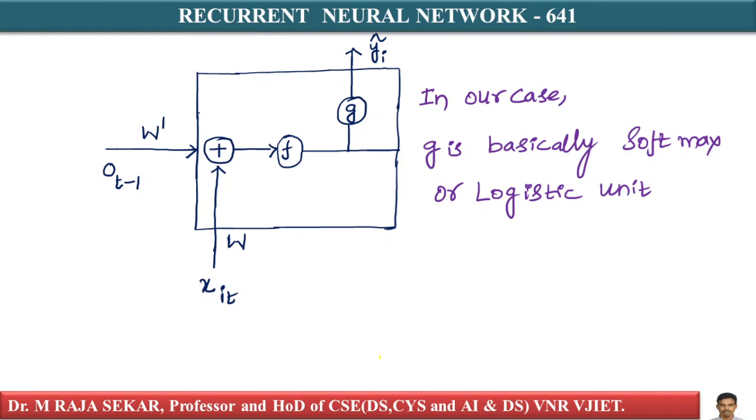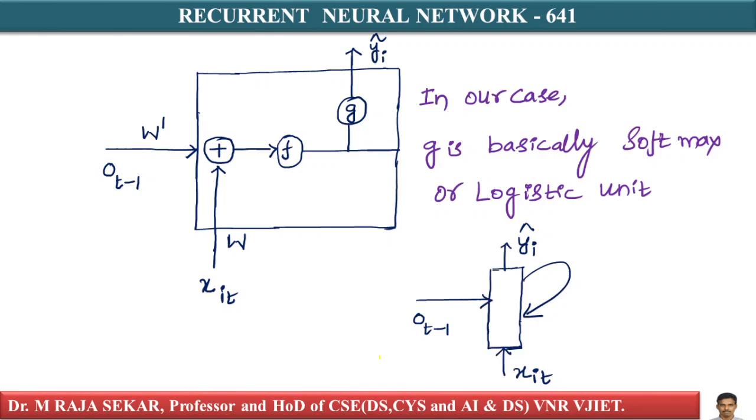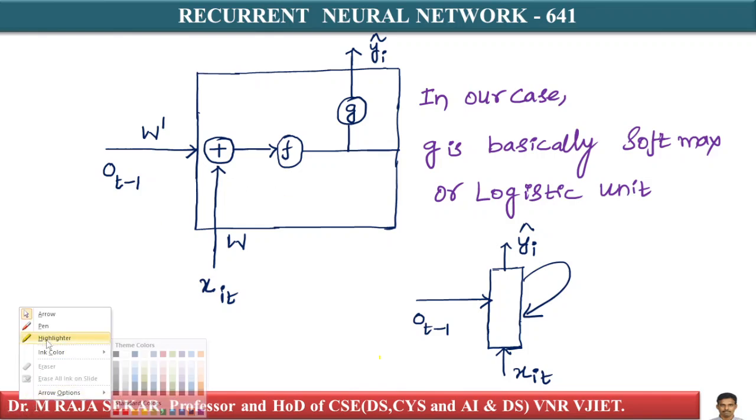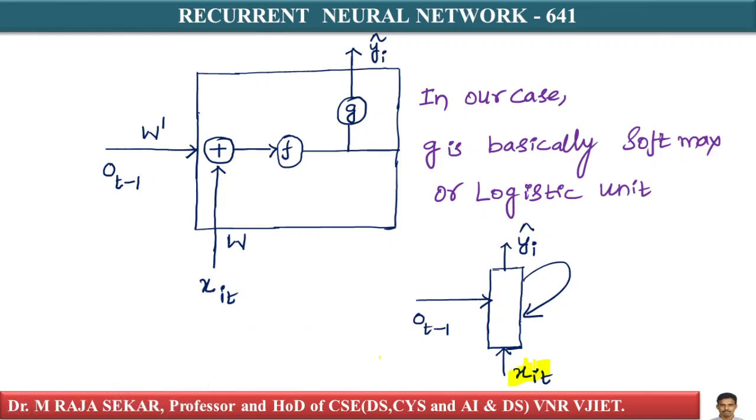So typically what people often do is, when they write this, they represent it in short like this, with a loop sort of thing. I have X_i^t here, I have O_{t-1}, I have y_i cap, and I will put a loop here.